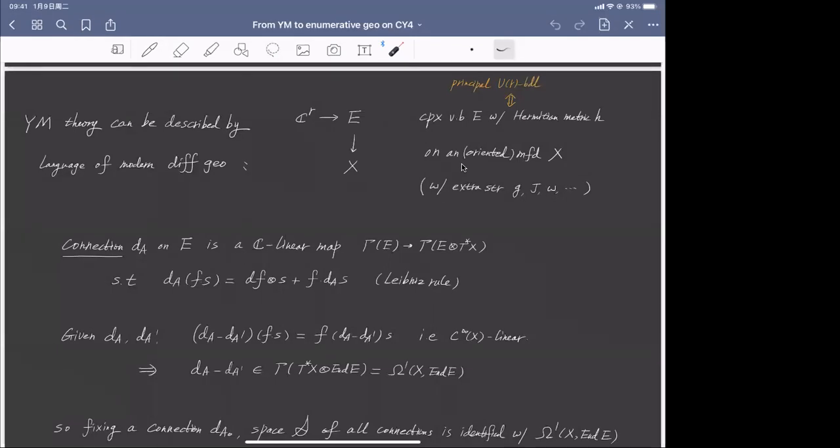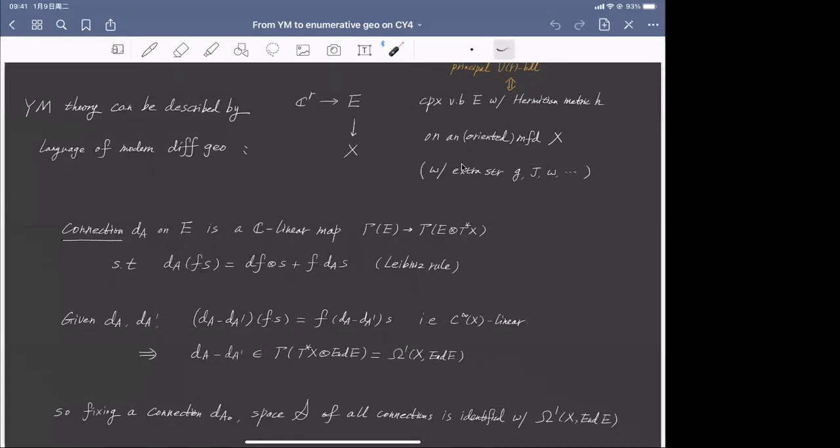Given this data, this is equivalent to say that we are given a principal U(r) bundle. Then let's recall what a connection is. A connection on this bundle E is by definition a C-linear map from the space of smooth sections of E to the space of smooth sections of E twisted by the cotangent bundle of X, satisfying the so-called Leibniz rule.